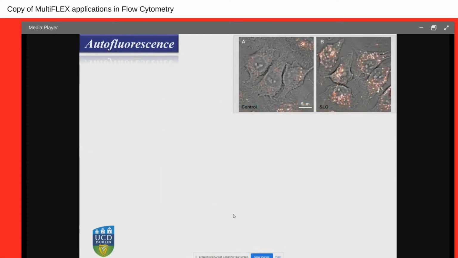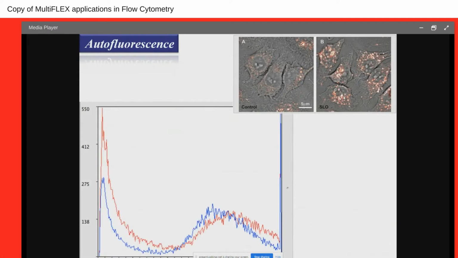For instance, here we have one sample where we have the cells that we exposed to nanoparticles. These nanoparticles are taken up, and that produces a small change in my forward scatter. As you can see, there's a small increase from sample control to a sample treated. Changes in autofluorescence will also be reflected on my side scatter.